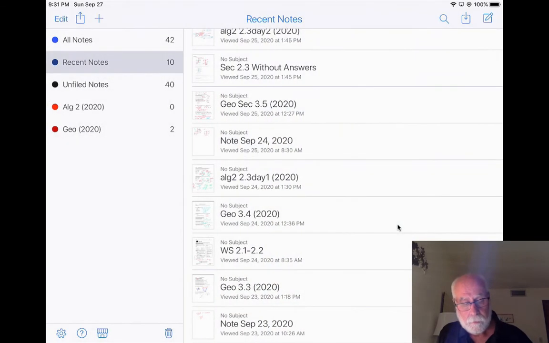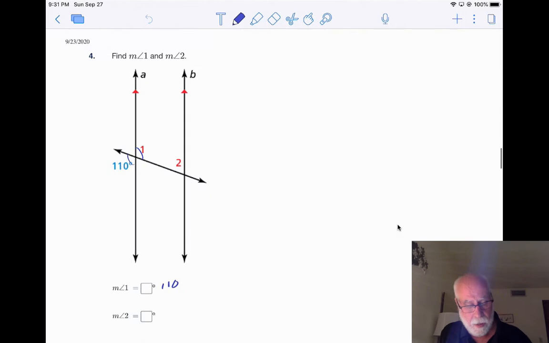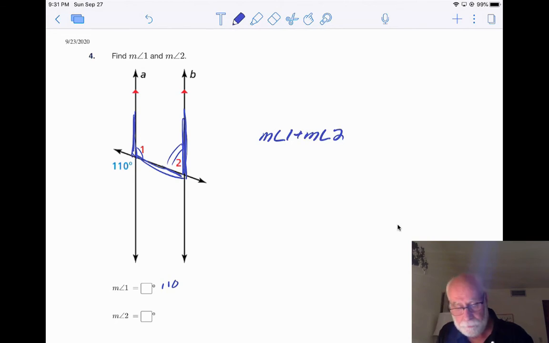So if we look, then we know that angle 1 and angle 2 are different because they make a C. And remember, consecutive interior angles are supplementary. So since they're supplementary, we can say that the measure of angle 1 plus the measure of angle 2 is equal to 180.